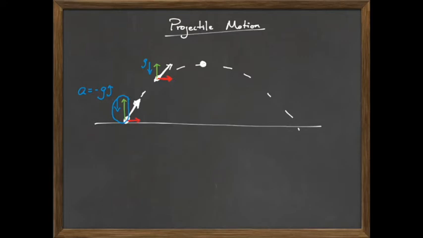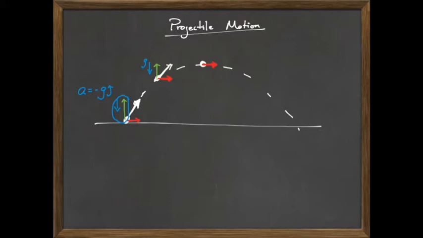Since we're at the top of the path, this would mean there is no vertical velocity. However, since the downward acceleration does not affect the horizontal motion, we still have the same horizontal velocity to the right.